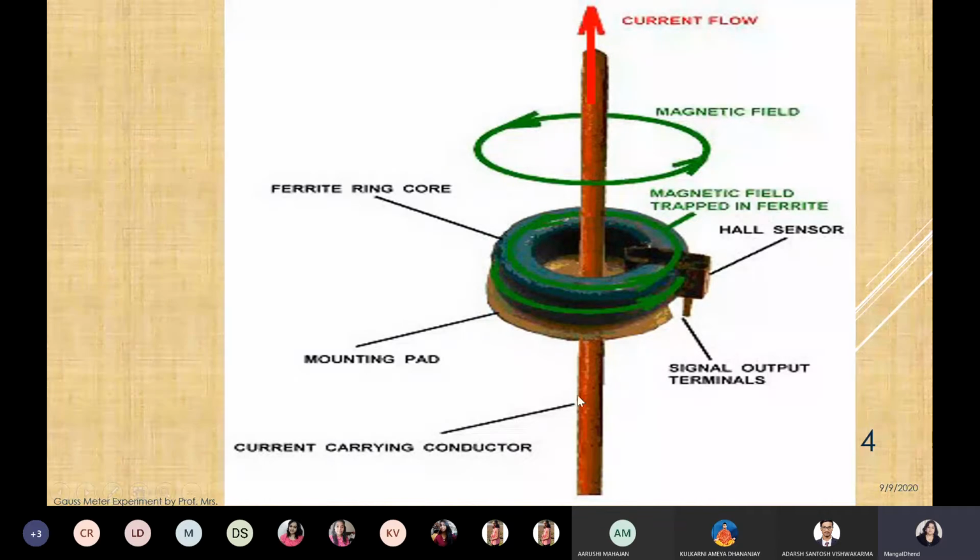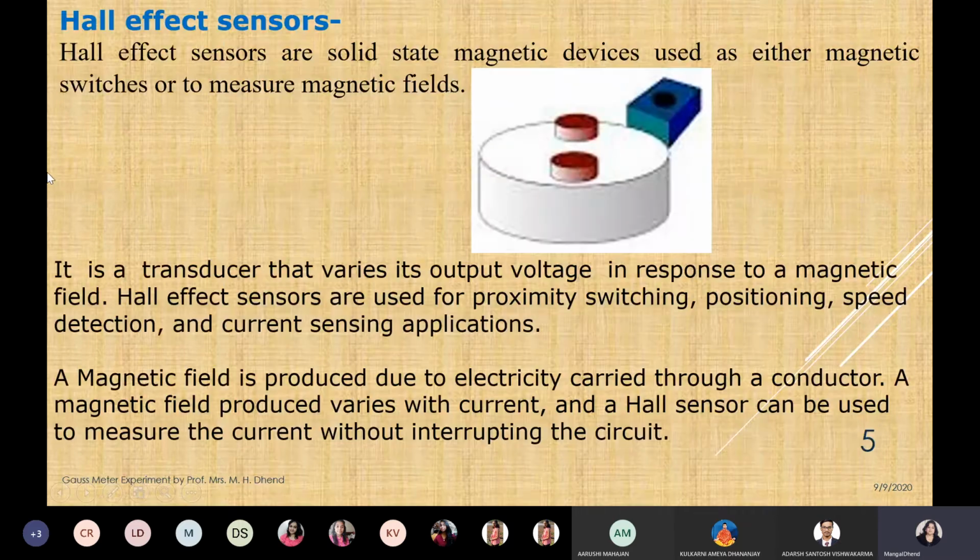Even in this Hall probe, when current is passed through a conductor, a field is produced, so that field also you can measure. That is also possible, that whenever current is passed through a conductor, magnetic flux density is produced. Okay. So that way, that is the Hall sense. Now what is the Hall effect? Hall effect sensors are solid state magnetic devices.